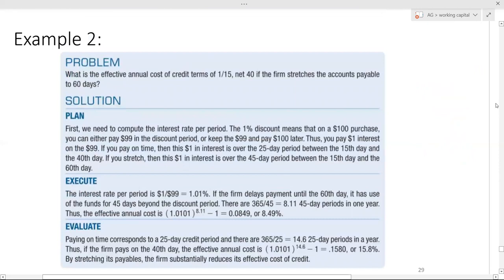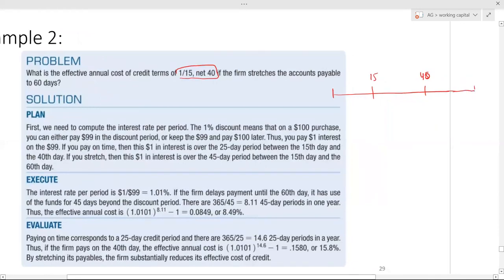Okay, so what is the effective annual cost of the credit terms of 1/15 net 40 if the company stretches the accounts payable to 60 days? So this is 15, 40 is the original one, but the company is going to pay in 60 days.